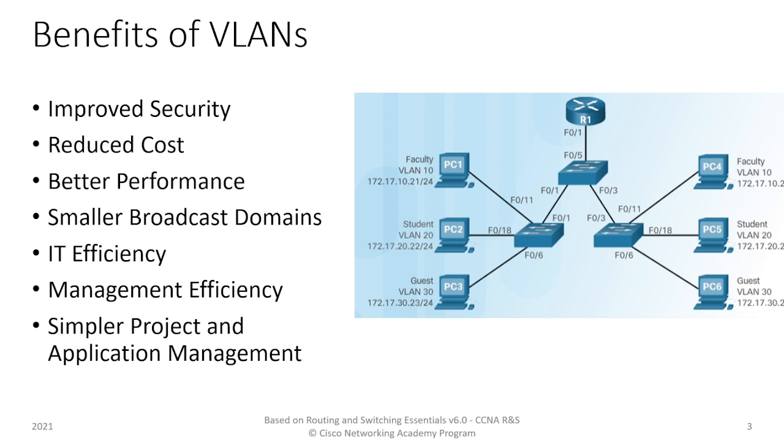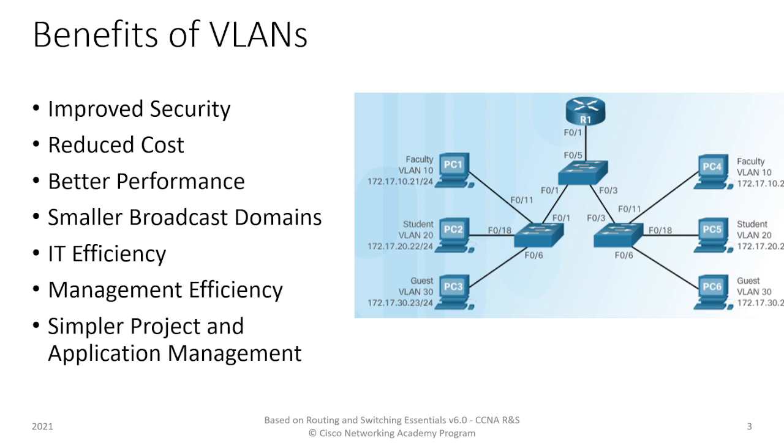So what we can do there, from a security point of view, is segment these users into different VLANs. Say for example, the teaching staff, the faculty, belong to VLAN 10, and the students belong to VLAN 20. Then we can only allow people from these different VLANs to access different things.